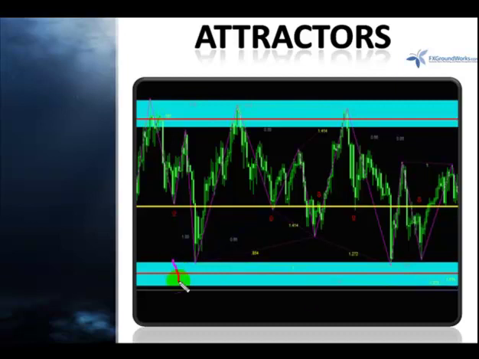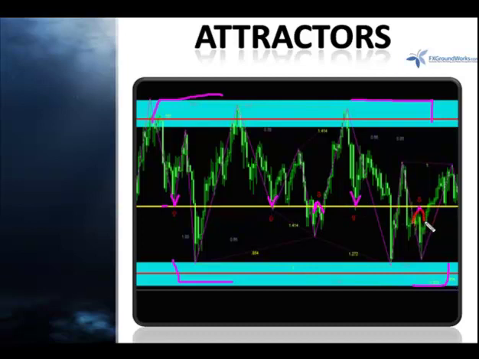These are our support and resistance zones. These are obviously the resistance zones. And this is our attractor, this yellow line. You can see how many times price has been attracted to it. It's kind of like a magnet, right?